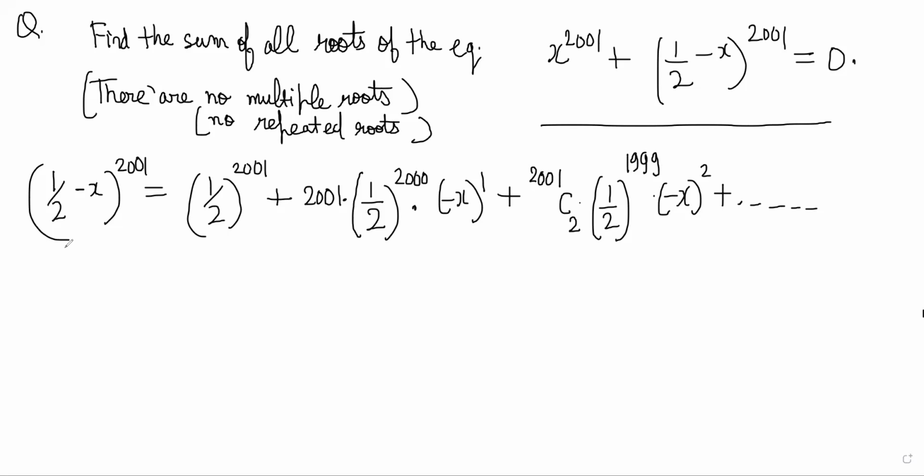And when you add x^2001 to this, you need the last term here, right?